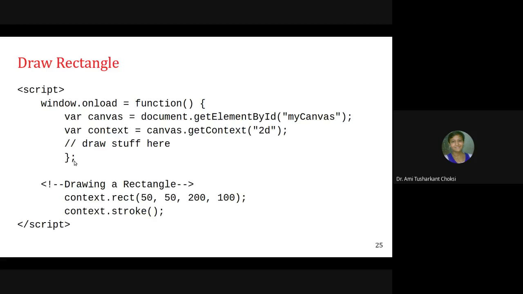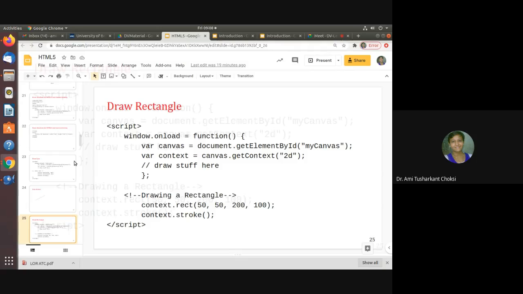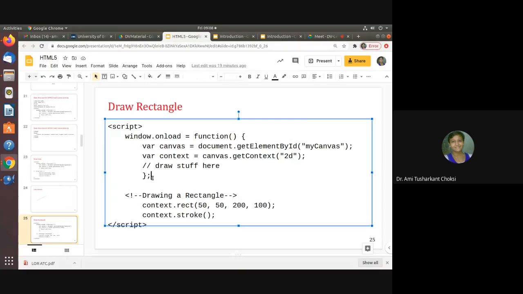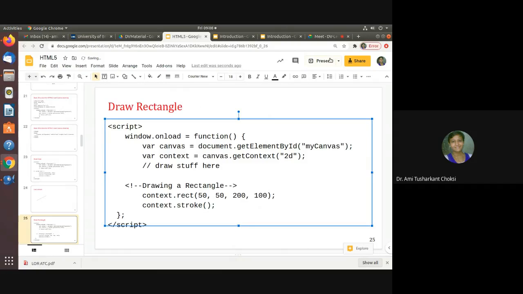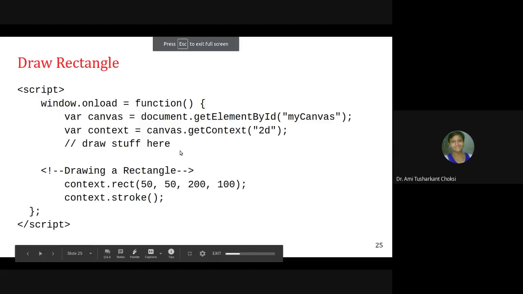Now the ending of the function should be here. After that, we'll be writing the code which will draw the rectangle.